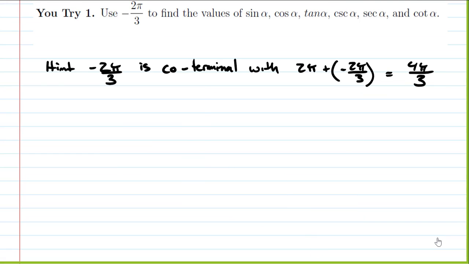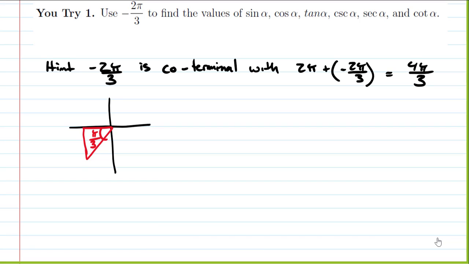So our coterminal angle is 4 pi over 3, and 4 pi over 3 is in quadrant 3. So if we draw a triangle down in quadrant 3, so we know for our reference triangle that one side has to be along the x-axis. So it's going to look something like this. Our reference angle is then going to be pi over 3.